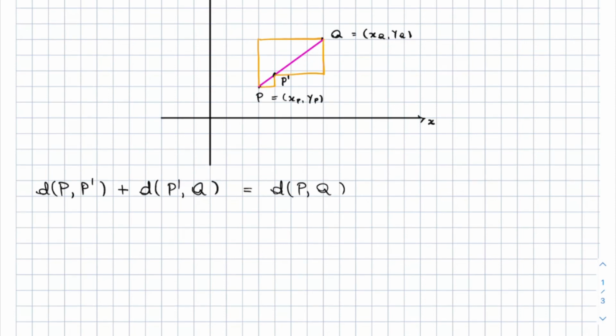However, the length of this side of the triangle is exactly the sum of the length of this side and of this side.